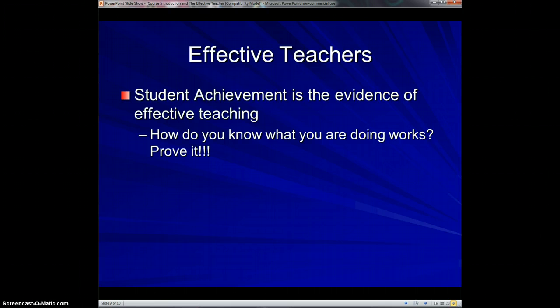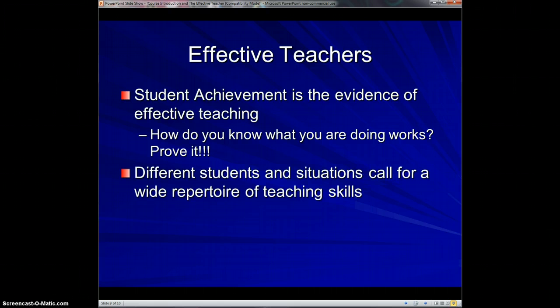That's what we'll be doing through the teacher work sample, the TWS. You're actually going to teach a lesson, and then you're going to look at data, pre-assess it, study it, use it to plan, and then you're going to assess them after you teach so that you have real data to look at student achievement. That's how you know if a teacher is effective in that area of student achievement.